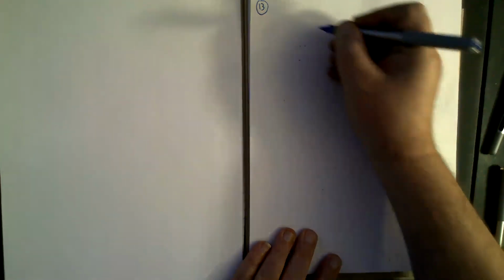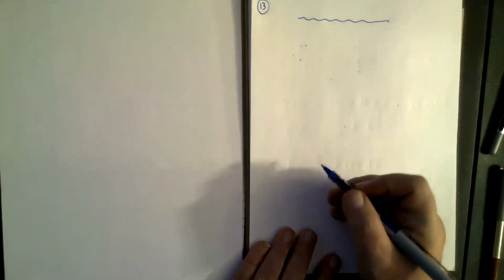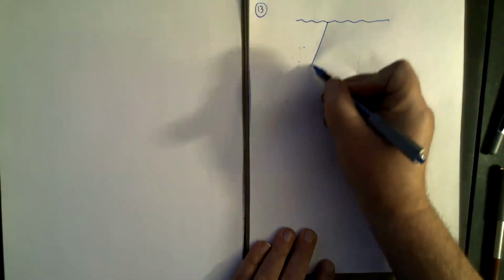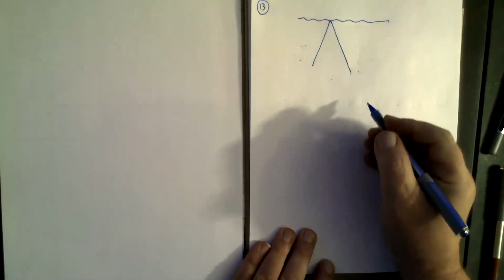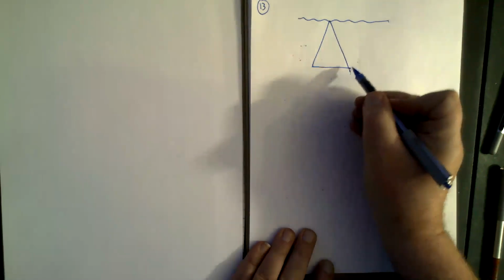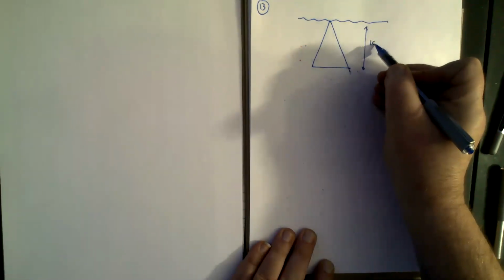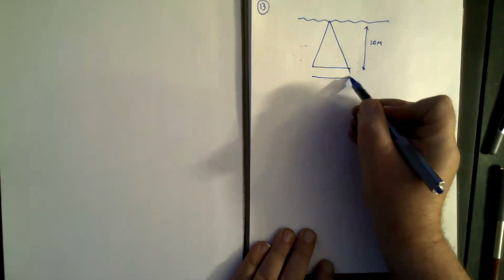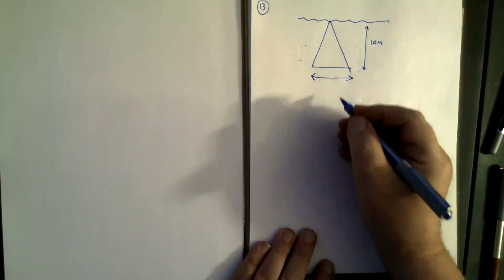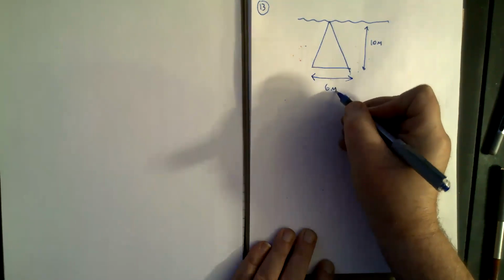Our next question involves a vertical plate. So that's pretty much what all of them are going to be. This particular one is going to be a triangle where that distance from here to here is 10 meters, and that distance from here to here is going to be 6 meters.